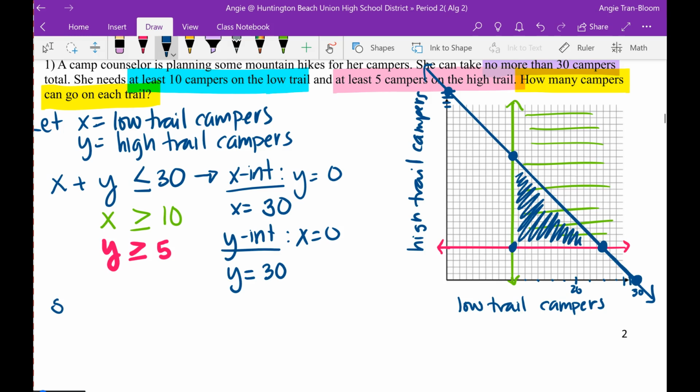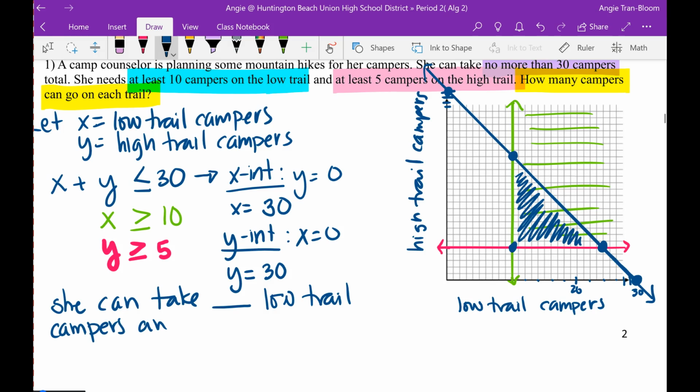She can take a blank number of low trail campers and blank high trail campers.